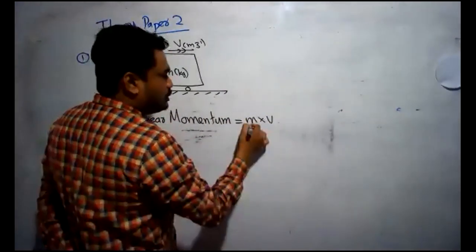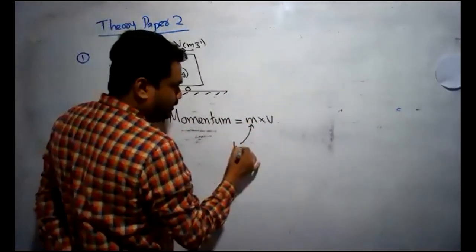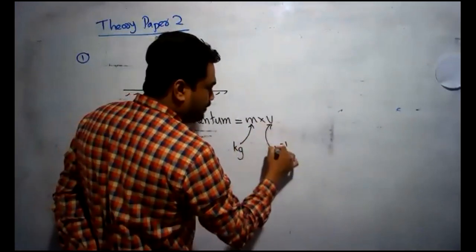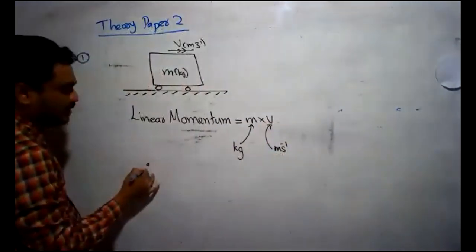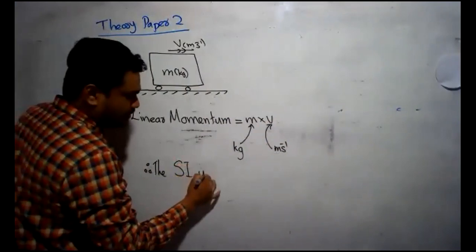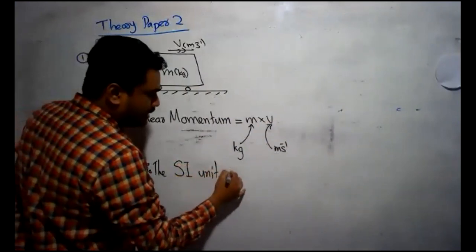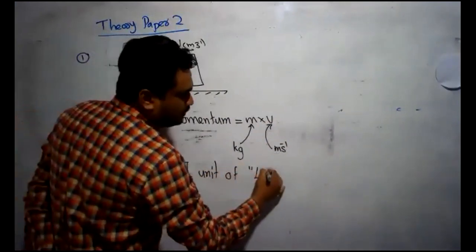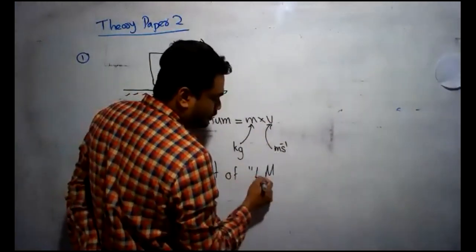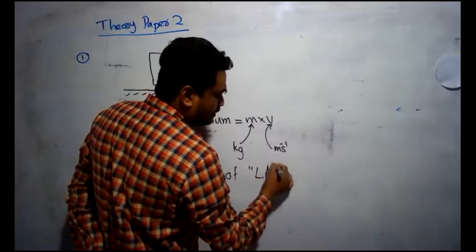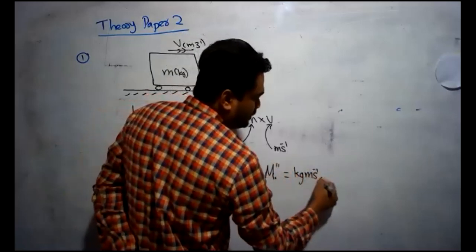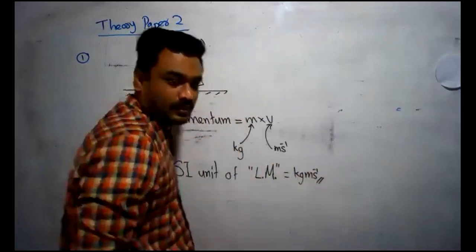So mass is measured by the unit kilogram. Velocity is measured by the unit m s^-1. Therefore, the SI unit of linear momentum is kg m s^-1. Write it here.